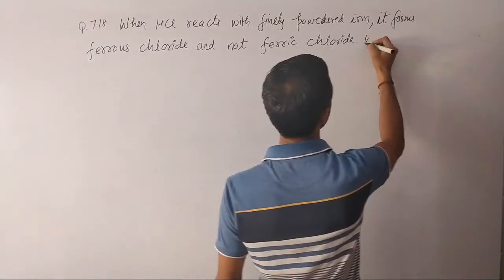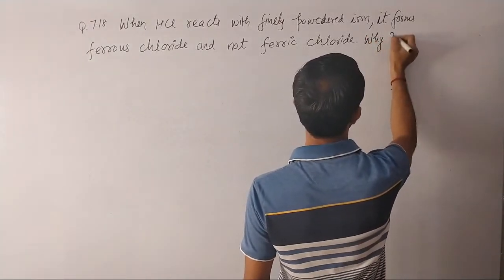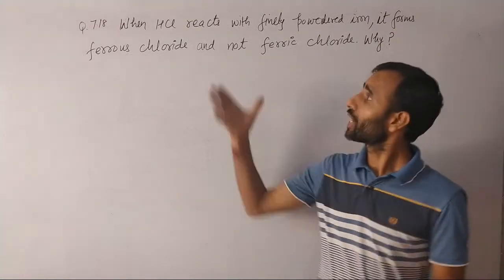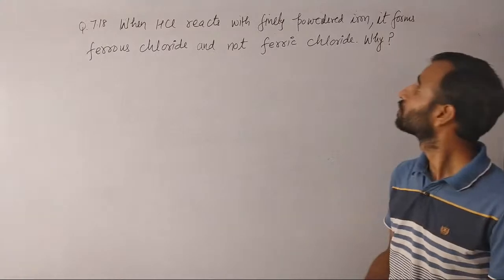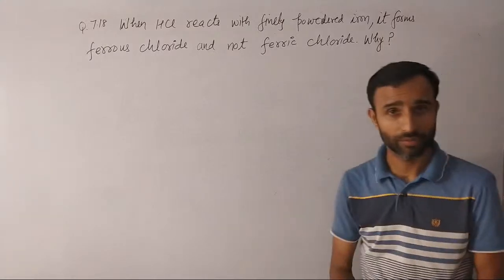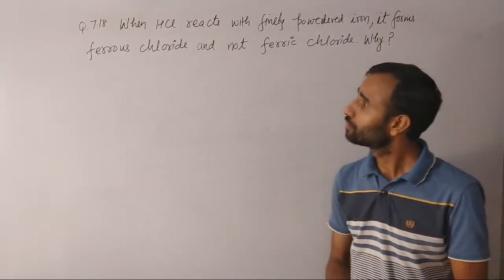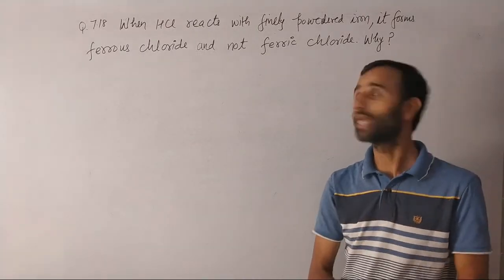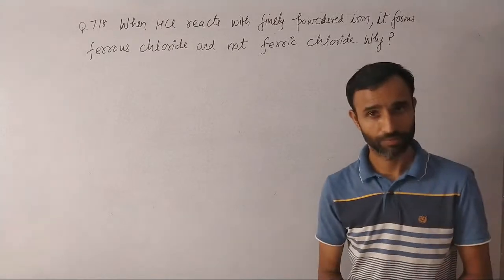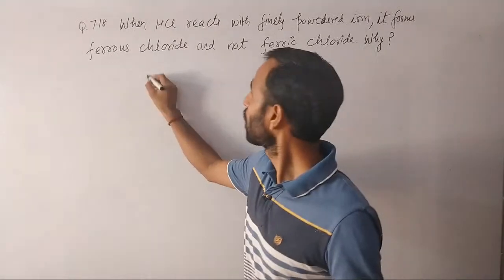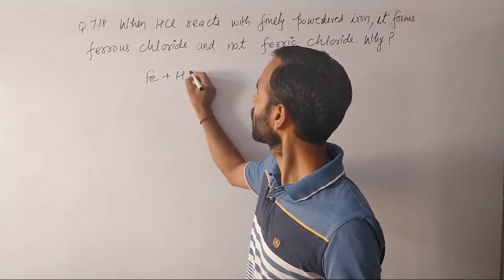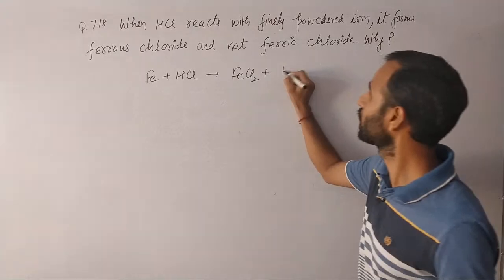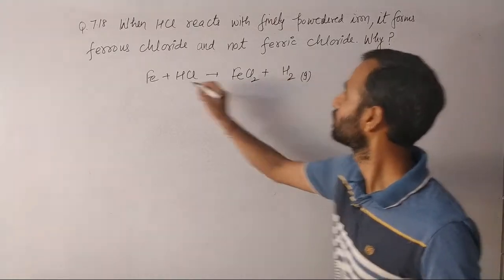Why? The question is, when HCl reacts with finely powdered iron, it forms ferrous chloride and not ferric chloride. Why? So see, Fe when it comes in contact with HCl, we get FeCl2 along with H2 gas.